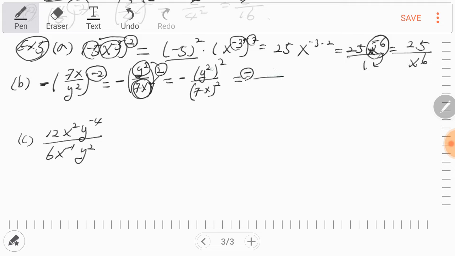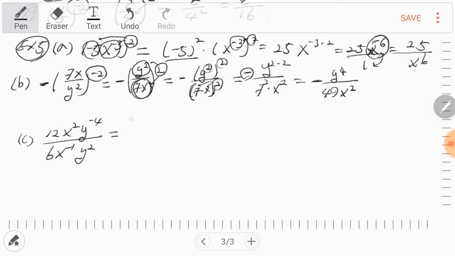So power of power is product, multiply, 2 times 2. And the bottom, assign the power to each factor because the base is a product of some factors. So 7 squared, x squared. So the result is negative y to the 4th power over 7 times 7 is 49x squared.